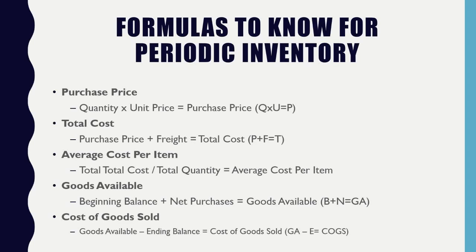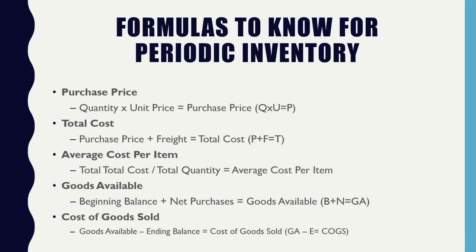In this case, the same exact formulas are going to be put in here except for one huge difference. You don't need to calculate the cost per item anymore. This time we're going to be calculating the average cost per item, where we take our total cost and divide it by our total quantity.